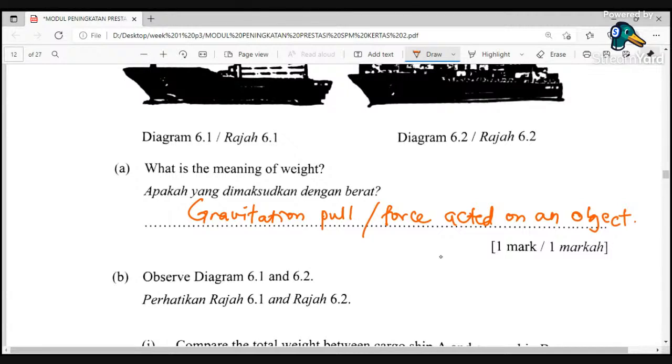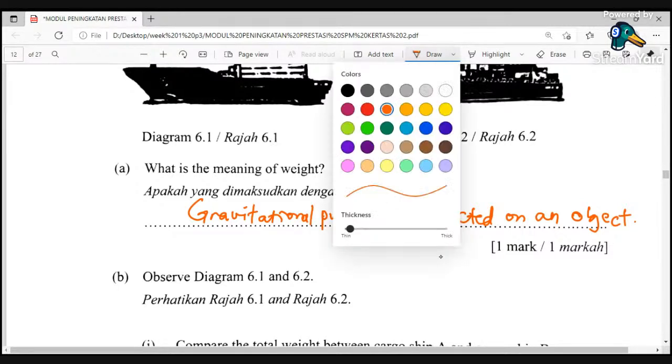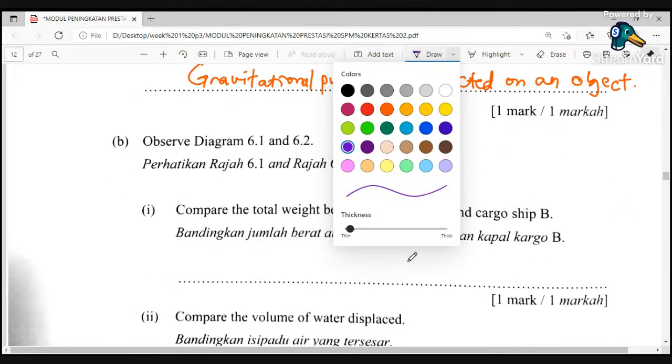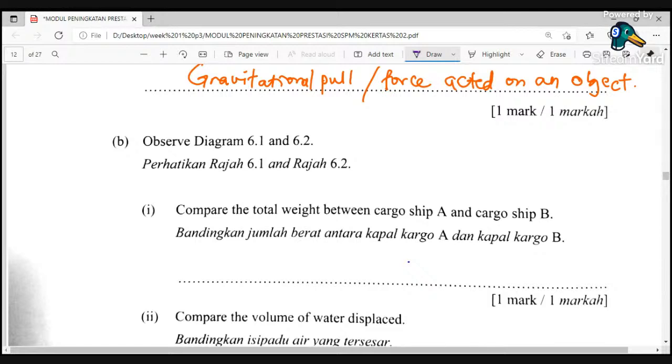Okay, gravitational pull ataupun gravitational force. Okay, part 2, compare total weights between A and B. So nampak kalau B tu dia loaded, dia ada load di atas dia, mestilah dia lagi heavy.